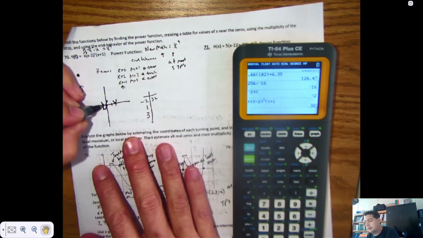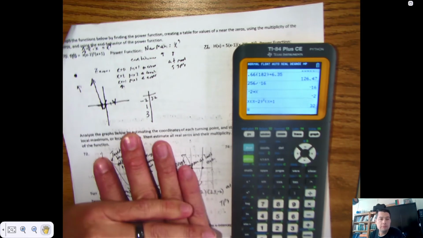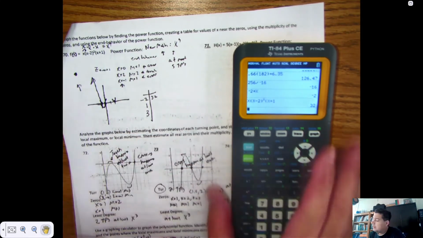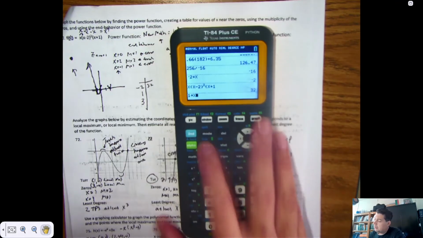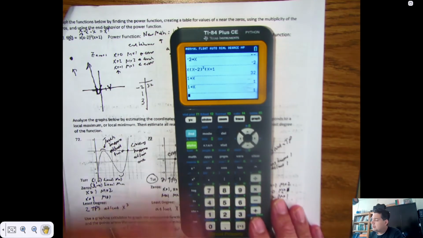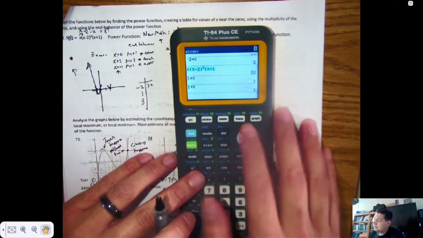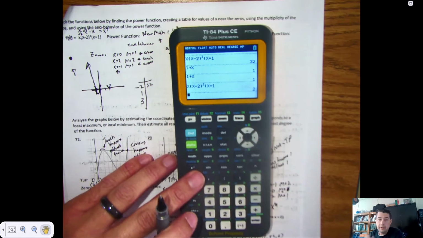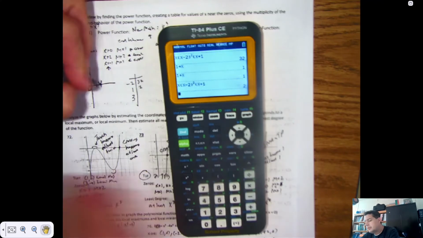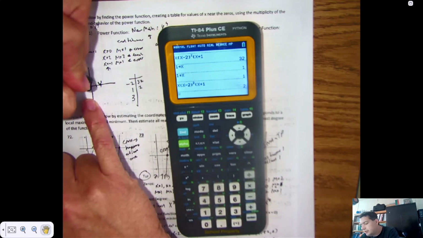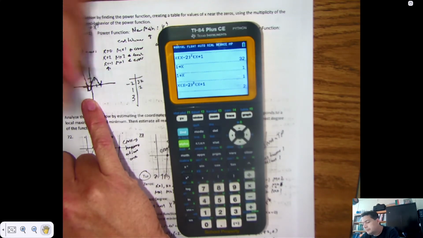So this thing immediately shoots straight up like it should. What happens if I plug in a 1? If I plug in a 1, I get a 2 back. So it doesn't rise too high. It just hits 2, and then it's going to come back down to here.